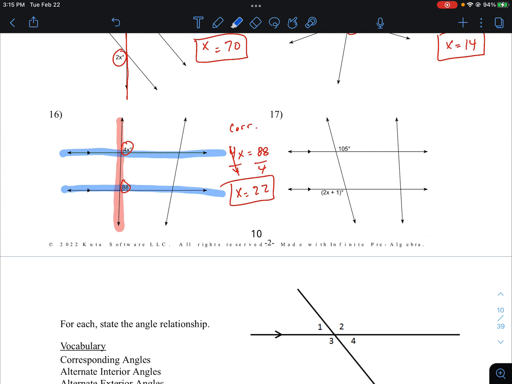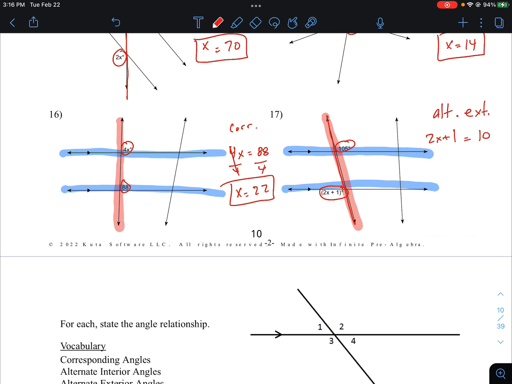Finally, we've got our parallel lines right there, and we have our transversal. So we know that this one and that one, they're both on the exterior, on the outsides, and they're on opposite sides of my transversal, so they are alternate exterior angles, and we know that they're congruent, which means 2x plus 1 is equal to 105.